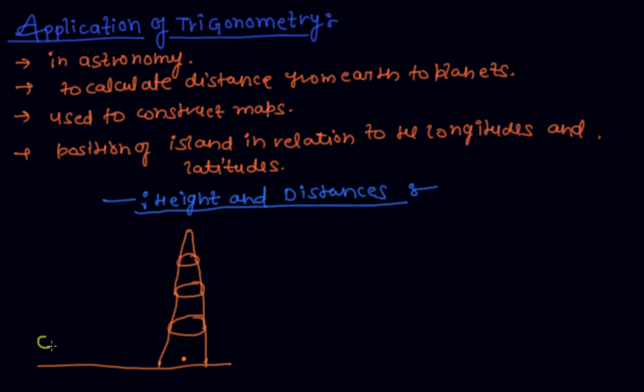The eye of the student is denoted by A, and the tower is BC. Now the line AC is drawn from the eye of an observer or student to the top of the minar.